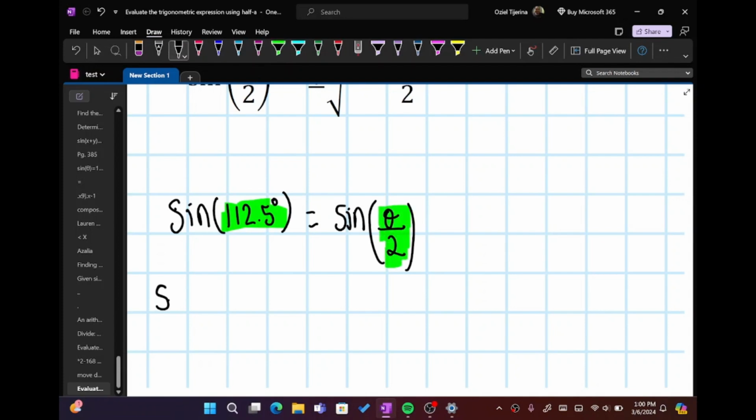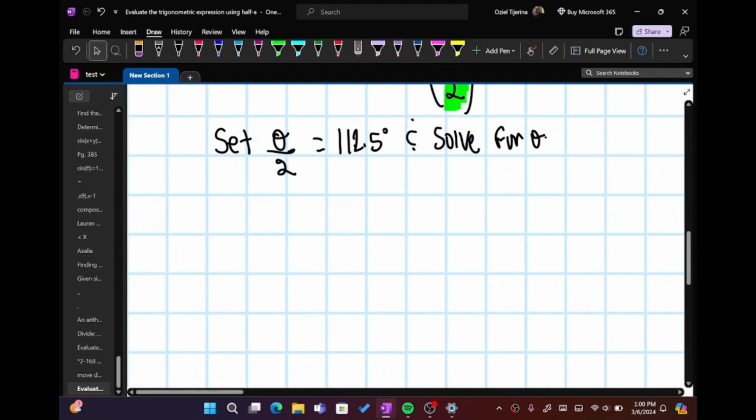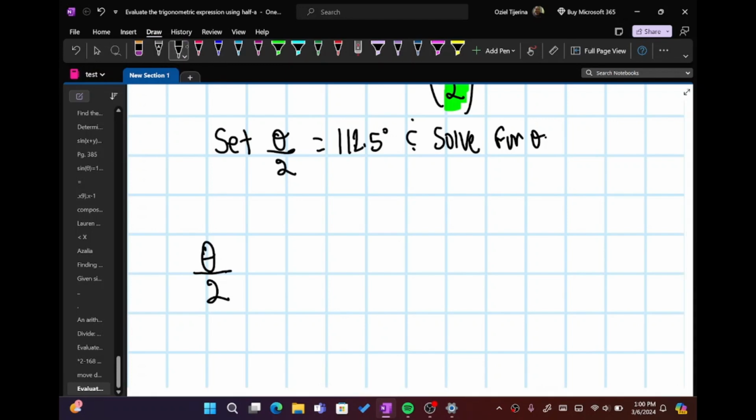So set theta over 2 equal to 112.5 degrees and solve for theta. This is my way of doing it, guys. Theta over 2 is equal to 112.5 degrees.